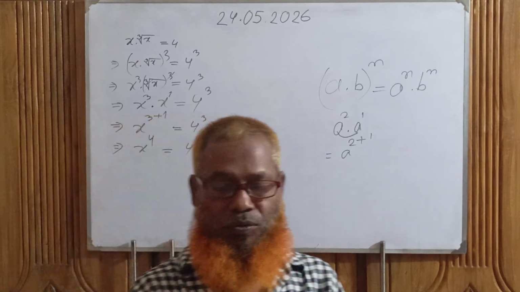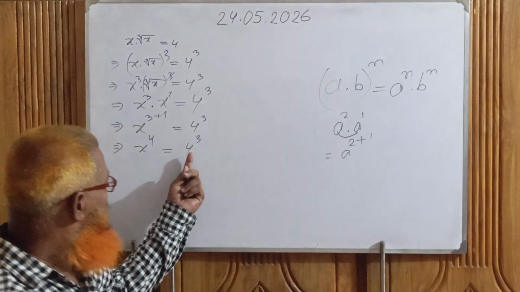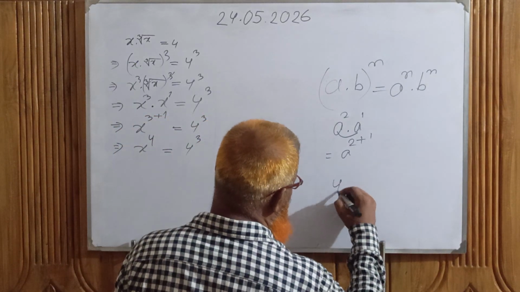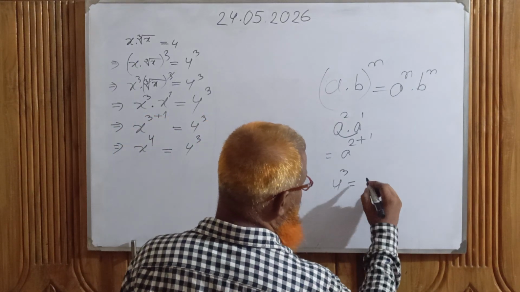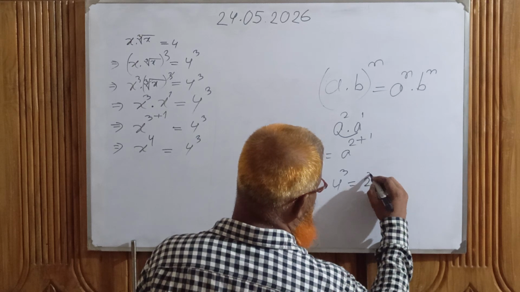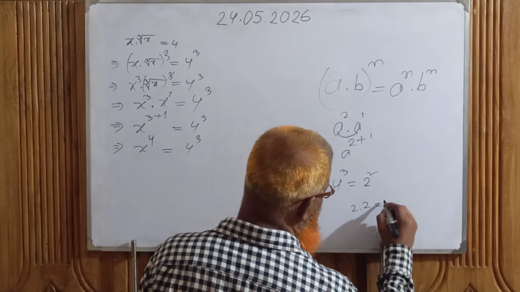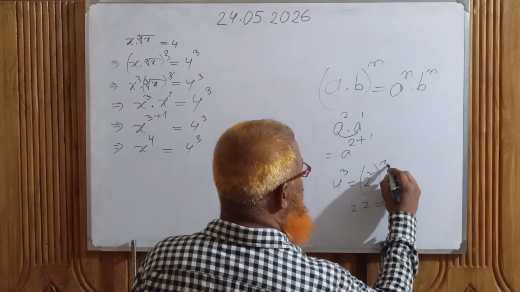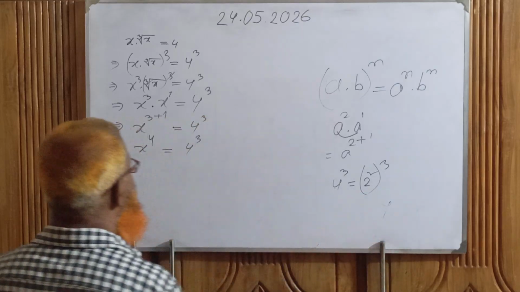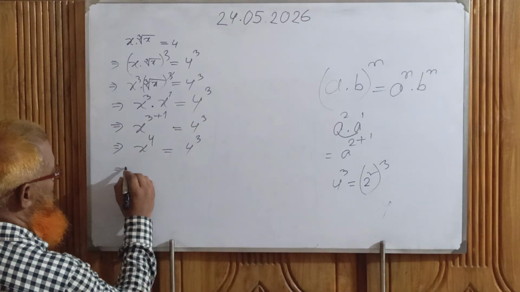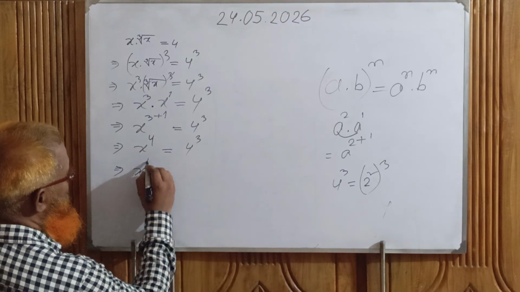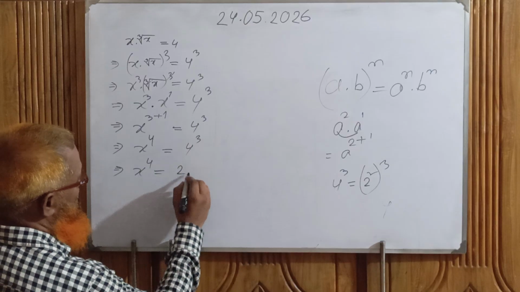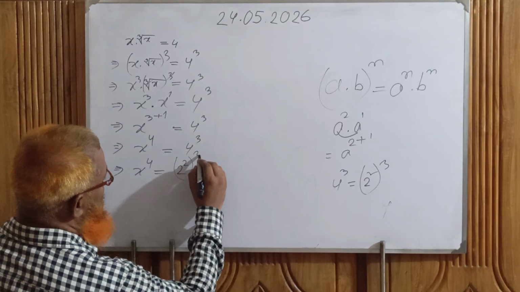Now what can we do? This is 4 power of 3. 4 can be written as 2 square, that is 2 into 2 equals 4. So 2 square equal to 4, and then power of 3. This is a very easy and simple question now.